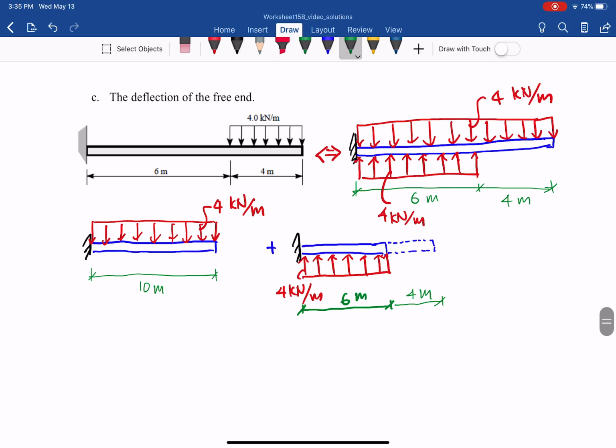So what does that mean here? The total deflection asked in the question is equal to the deflection at the free end, which is brought down, that we call y1. And for this one, as you can see, it will deflect up with that load.